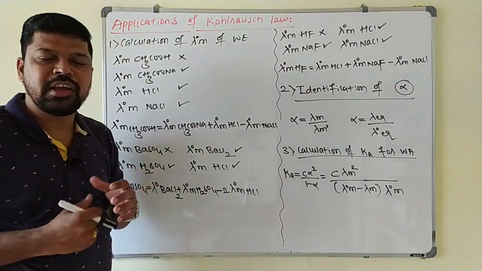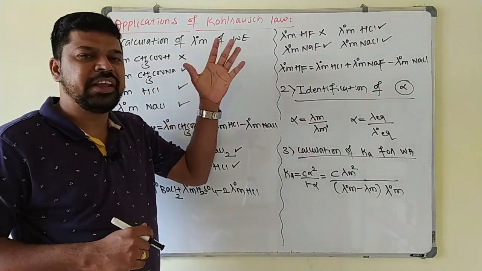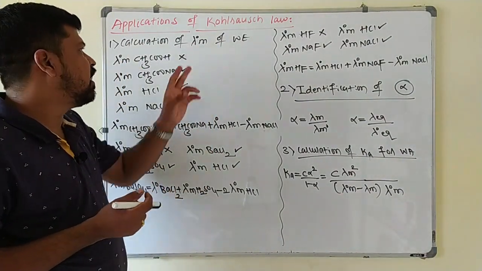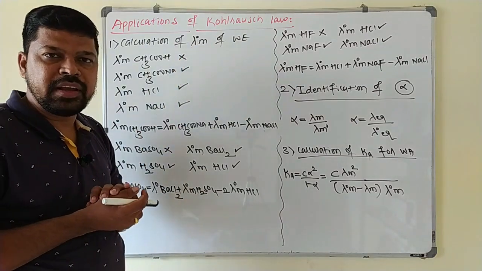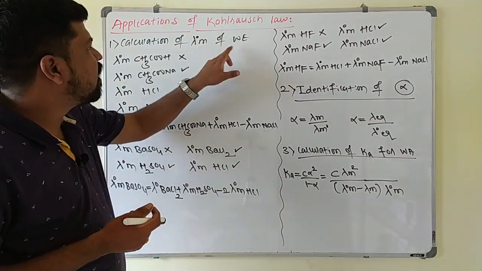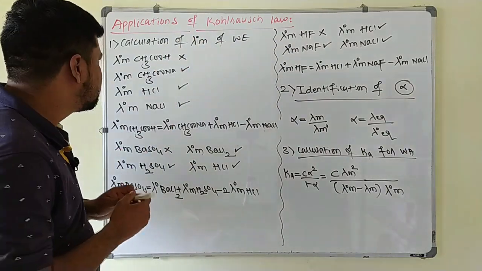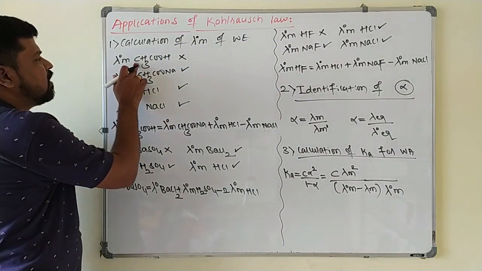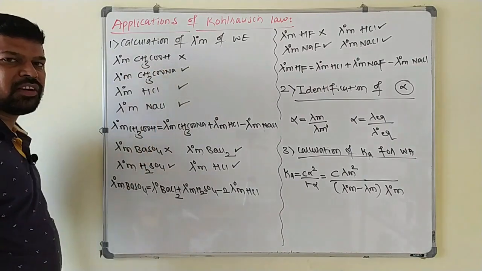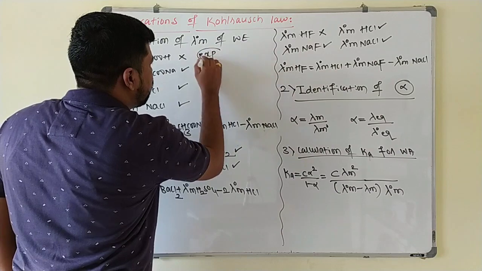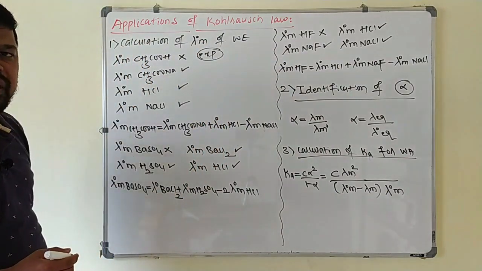Already we know that for a weak electrolyte, limiting molar conductivity cannot be calculated experimentally in the laboratory. But it can be calculated using Kohlrausch's law. CH3COOH is a weak electrolyte, and experimentally it is not possible to calculate its limiting molar conductivity.